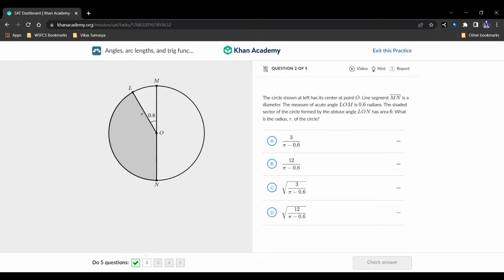Well, this is 180 degrees, the diameter. The visible part is 180 degrees, pi radians, which means that LON is pi minus 0.6 radians, or 2.541 radians. Now it has an area 6, so we divide that by 2.541, and each radian in a sector is going to have area 2.36.